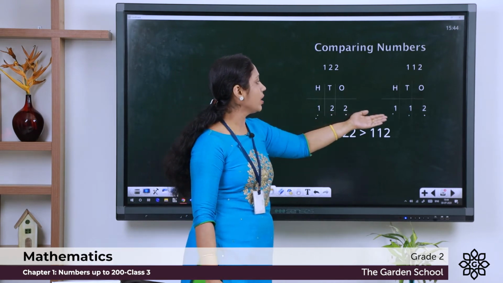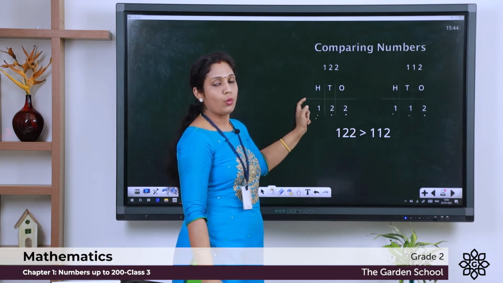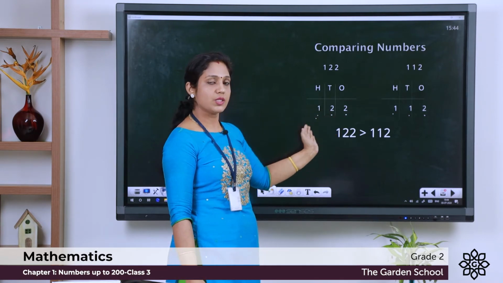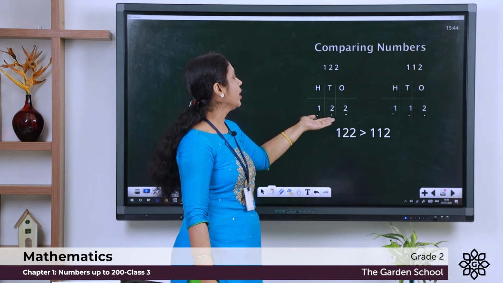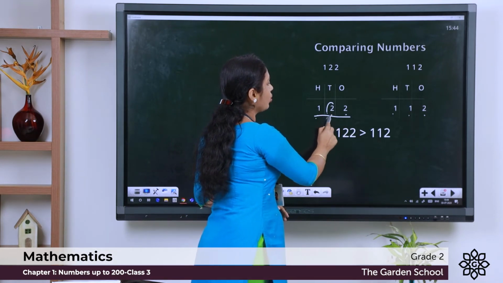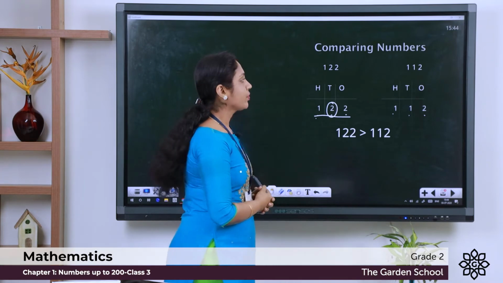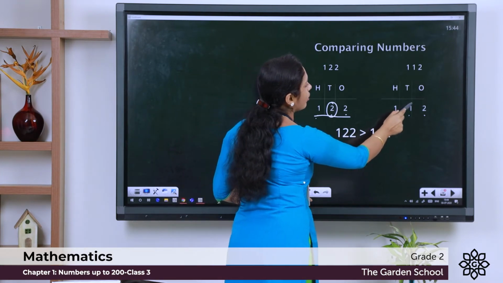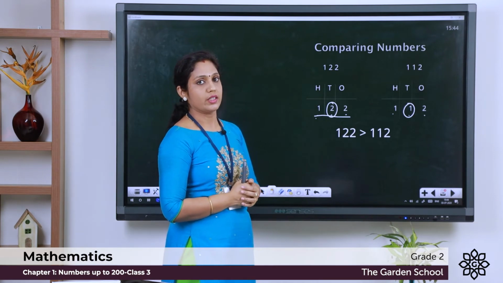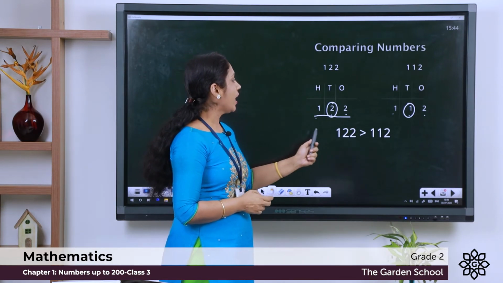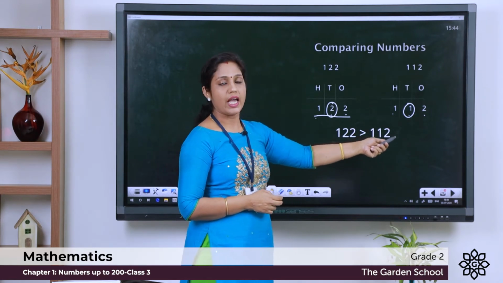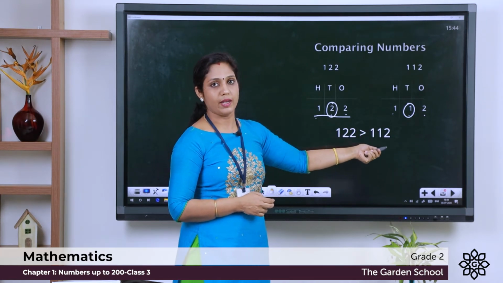In both the numbers, we have 1 in the hundreds place. So, both are same. Let's move on to the tens position. In the number 122, 2 comes in the tens place, and in the number 112, 1 comes in the tens place. So, which is greater? Now, we can say that 122 is greater than 112 and it's represented using the symbol.